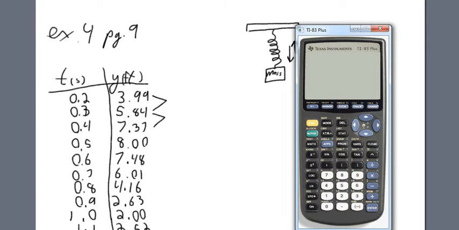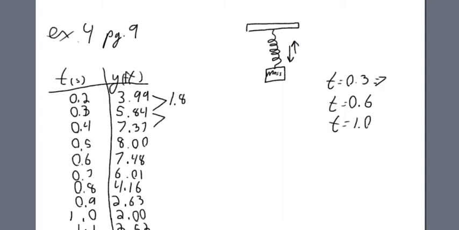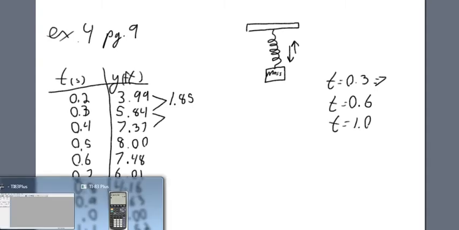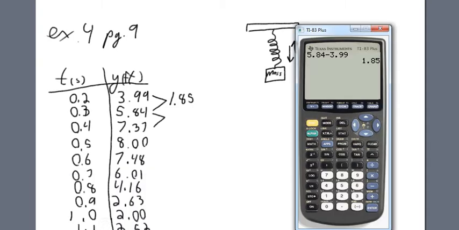From 3.99 to 5.84, so I take 5.84 minus 3.99, 1.85, and then my next one, 7.37 minus 5.84, whoops, that should be a 0.84, 1.53.